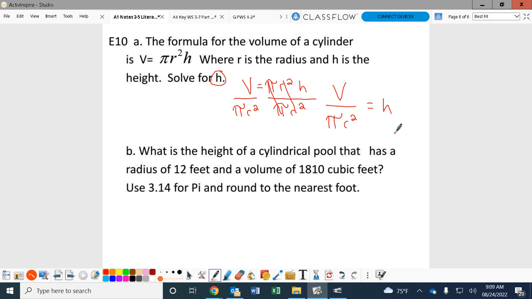Well, we solved for h. Last one is going to be to plug it in down here to this problem to find the height. We want to find height, so we're going to use this formula. H equals volume over pi r squared. And we're going to plug into it. What is the volume? Look through that whole problem and find me the volume.